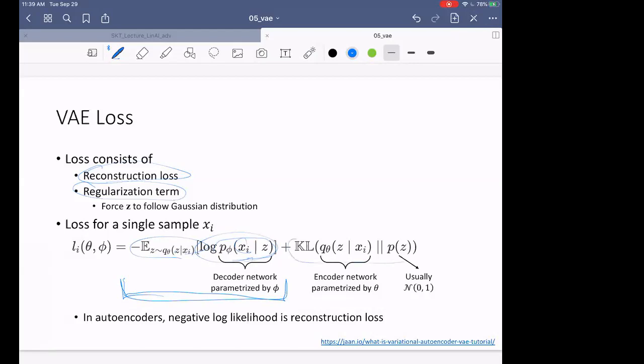And here you need the regularization term. You want the KL divergence between your posterior and your assumed Gaussian to be minimized. It's a loss function, so you want to minimize this. Minimizing this means maximizing your log probability and minimizing your KL divergence. As I said, in autoencoders, negative log likelihood is your reconstruction loss.